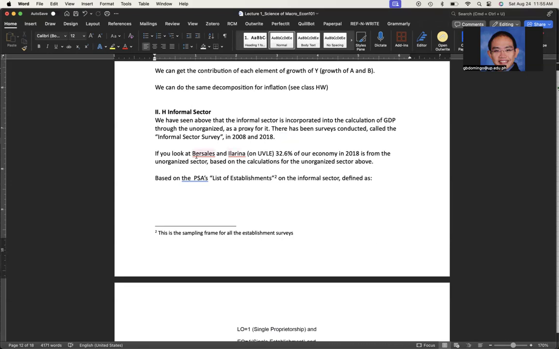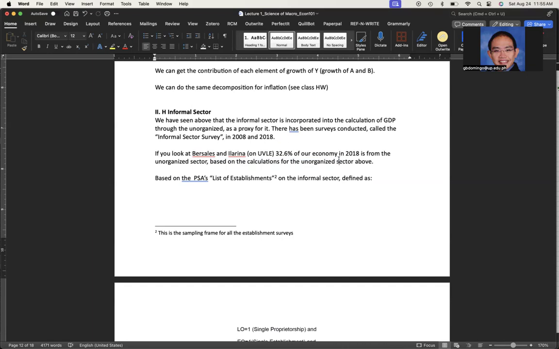If you look at Bersales and Ilarina, and I invite you to download their paper, it's on UVLE, 32.6% of our economy in 2018 is from the unorganized sector, based on the calculations for the unorganized sector that we just talked about.